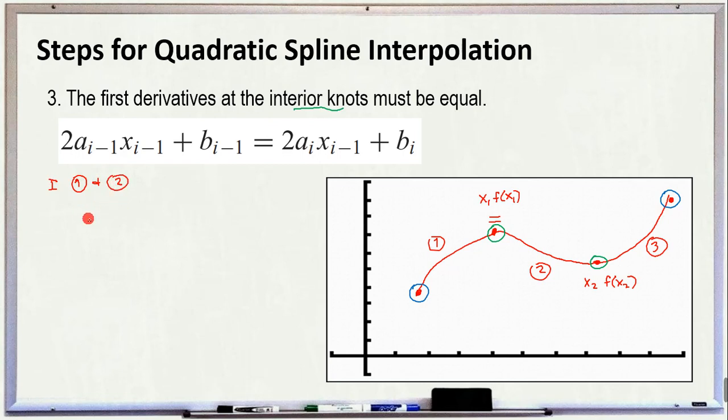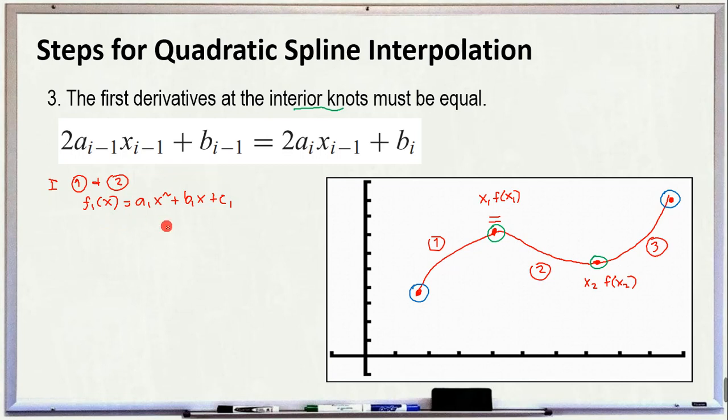So giingon diri class, ang derivative of the first quadratic spline is just equal to the derivative of the second quadratic spline evaluated at x sub 1, f of x sub 1. So, sama na siya. Equal man. So, unang sa nato, this is for the first, f of x equals a sub 1 x squared plus b sub 1 x plus c sub 1. So, ato daw siya i-evaluate or pwede po din mag-derive.